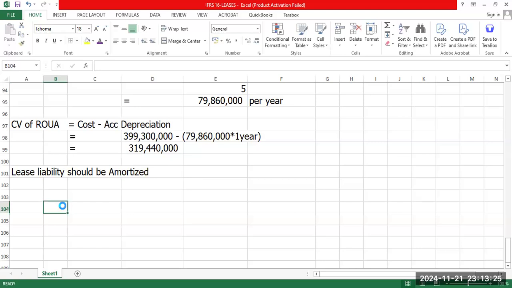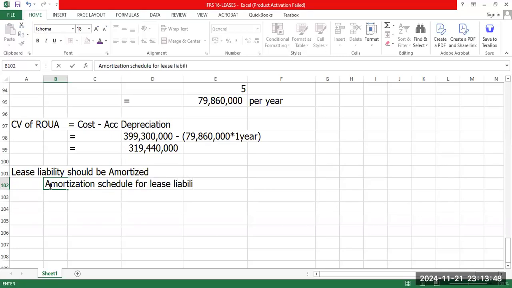So we draw our amortization schedule for lease liability. I create balance brought forward.